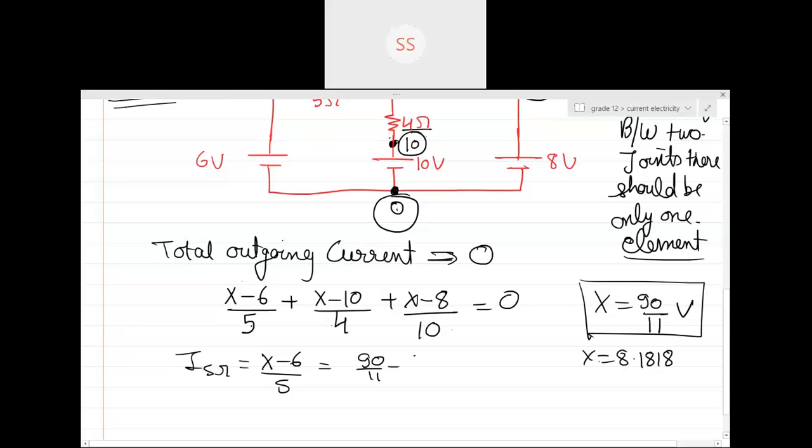So 8.18 minus 6, 2.18, divided by 5 is 0.436 ampere. So the current through it is 0.436 ampere. This is equal to how much? 24 by 55.